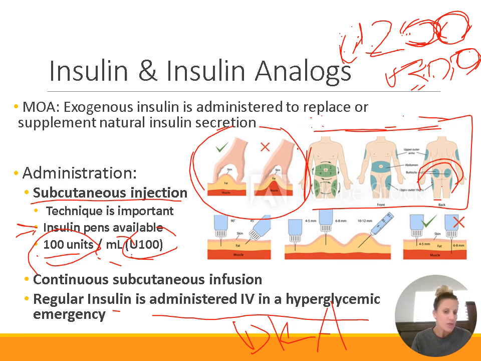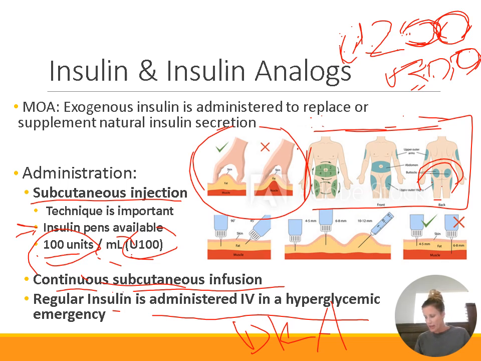Insulin can also be administered via continuous subcutaneous infusion. This is what we're talking about when somebody says they have an insulin pump. That insulin pump is giving them a continuous subcutaneous infusion of insulin. This allows us to most closely mimic what the pancreas naturally does.